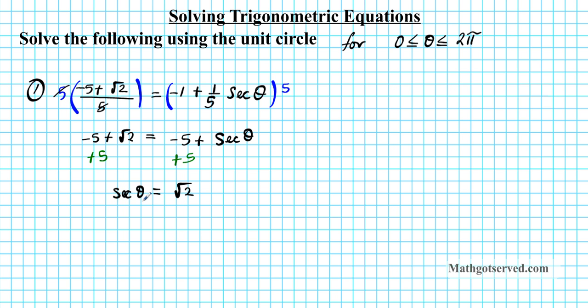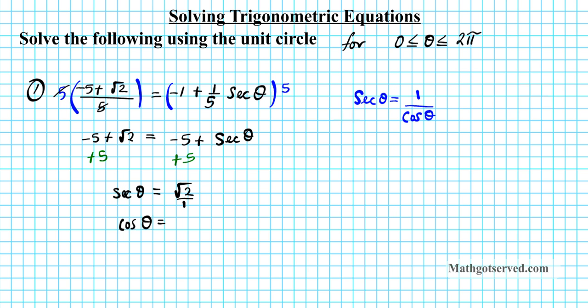Now to get theta isolated, we're going to get rid of the secant. But what we can do here is express this trig function using one of the parent trig functions. Now we recall that secant theta is equal to 1 over cosine theta. Alright, so if I express secant as 1 over cosine theta, then I have to reciprocate this expression right here.